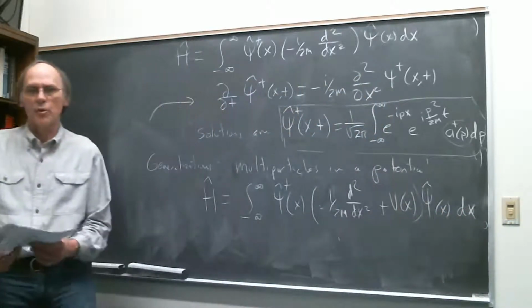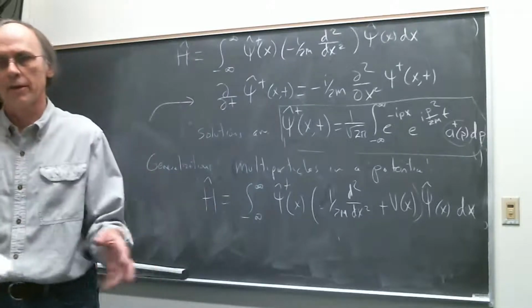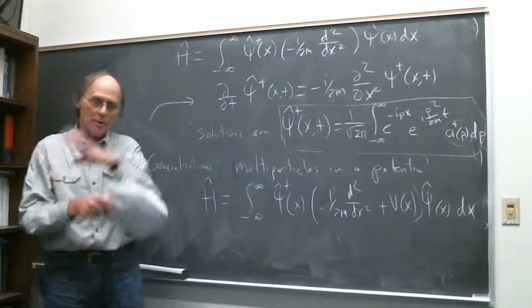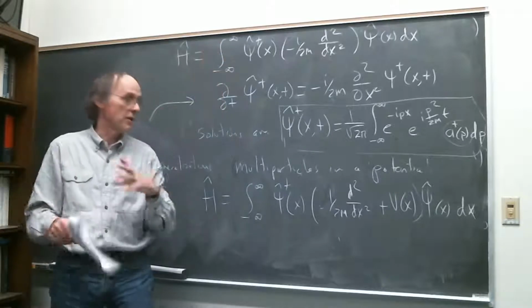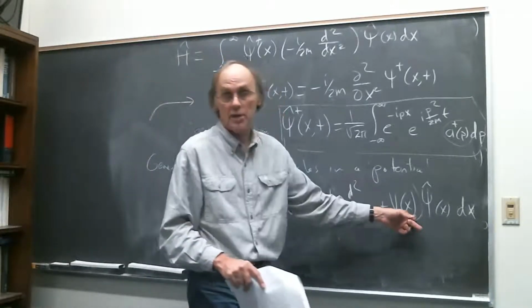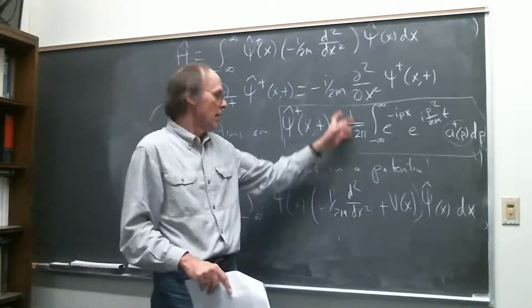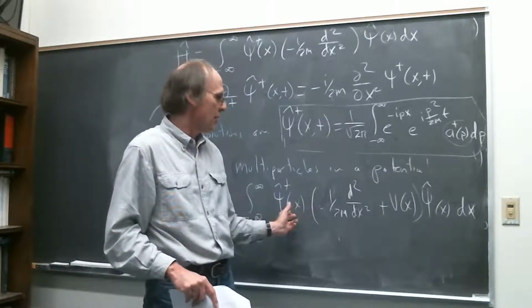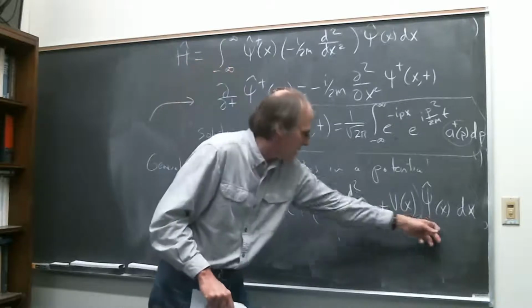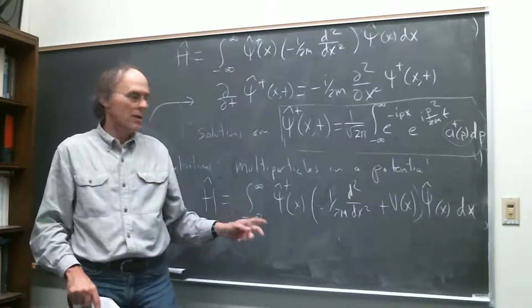So if you wanted to talk about an external field problem where you've got arbitrary numbers of quanta running around, but they're interacting with some kind of potential, you can just change this. In principle you still have a quadratic operator for the Hamiltonian.